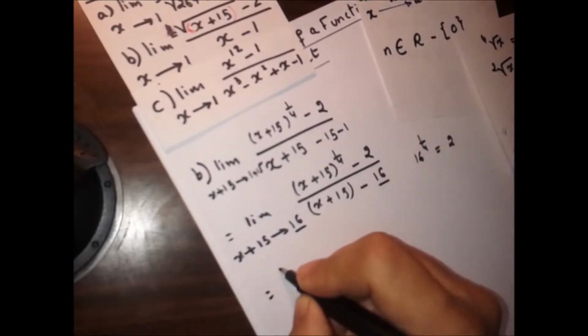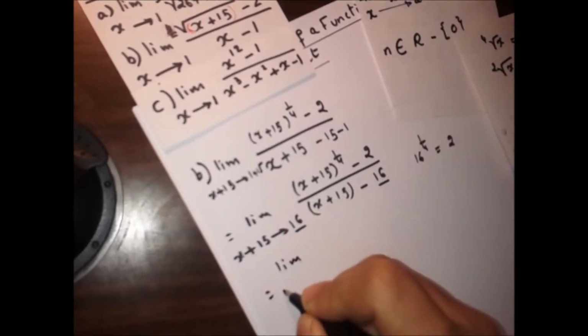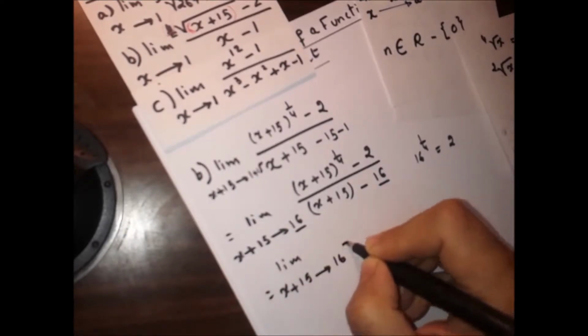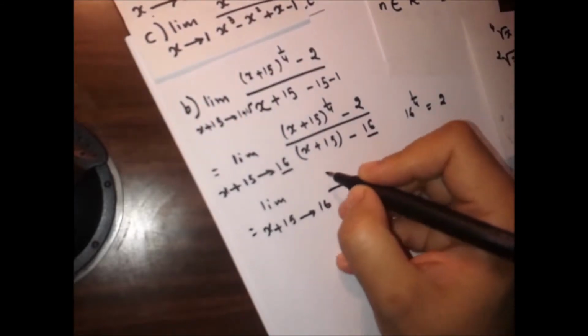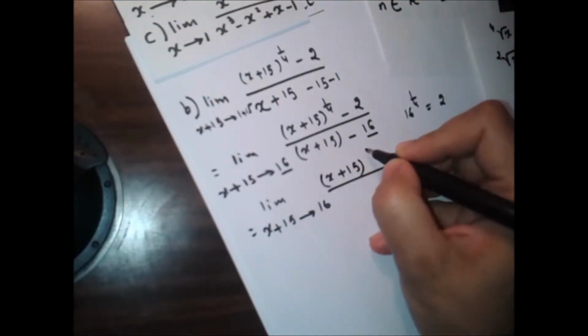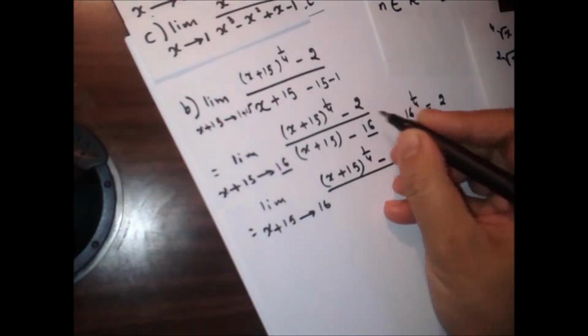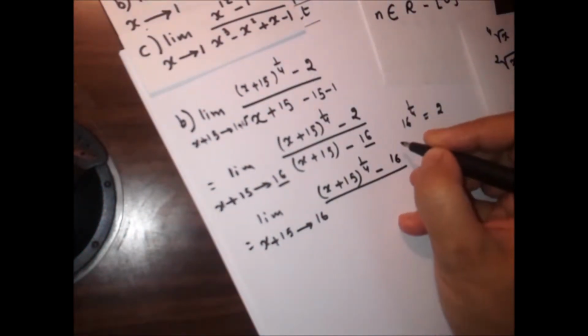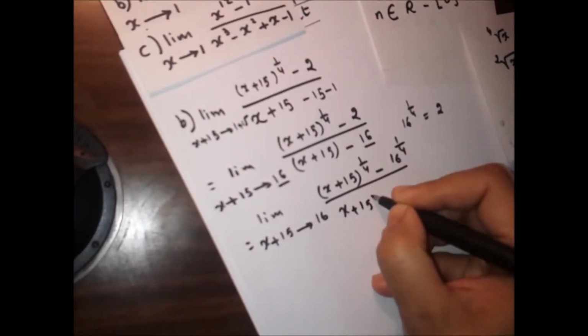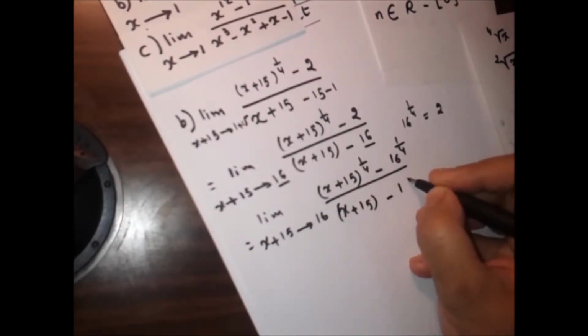Let's rewrite this: the limit as x plus 15 tends to 16 of x plus 15 to the power 1 over 4 minus 16 to the power 1 over 4, over x plus 15 minus 16.